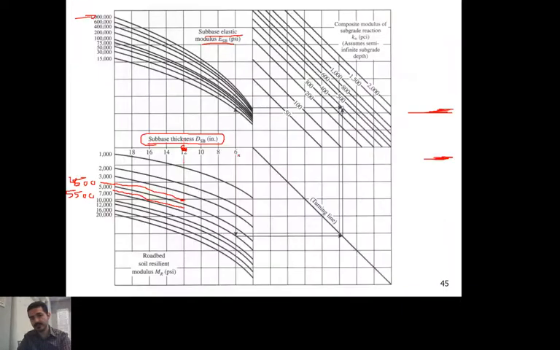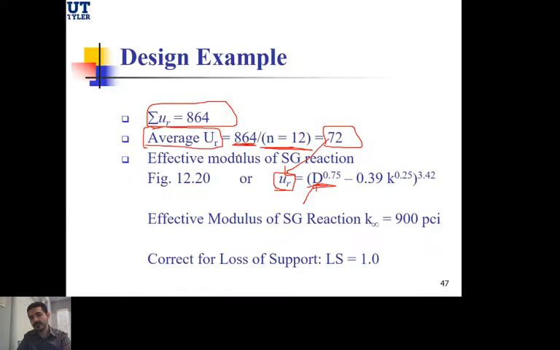Yes, 10 inches right here. So once I know that this is 10 inches and UR here is 72, the only unknown in this case would be the K value, and this is what we got here. The K value based on the effective modulus of subgrade reaction is 900.